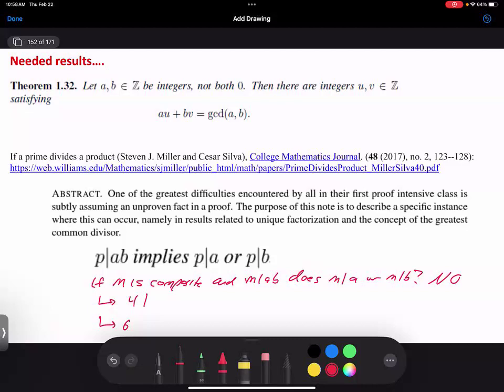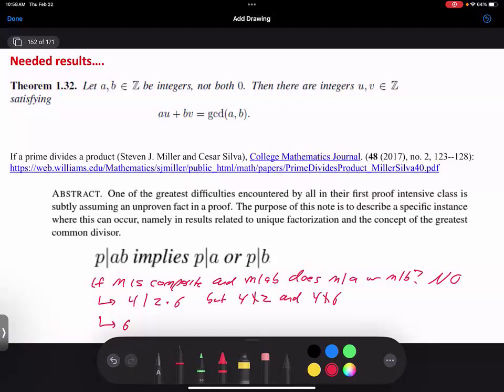So maybe each factor has a 2. 2 times 6, right? But 4 does not divide 2, and 4 does not divide 6.